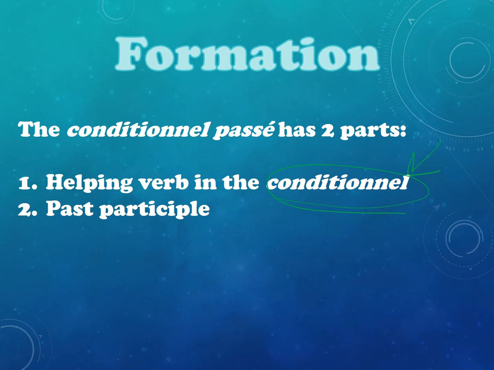And the second part is the past participle. Remember that the past participle is the same past participle that you have been using since you very first learned the passé composé. Your past participles have not changed at all. The only difference is your helping verb.